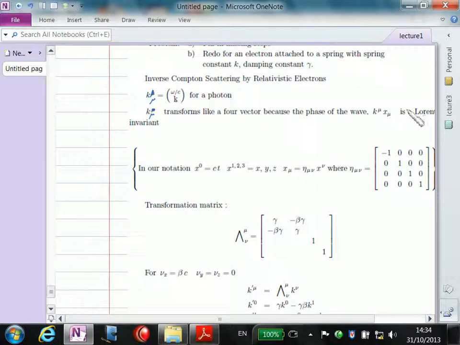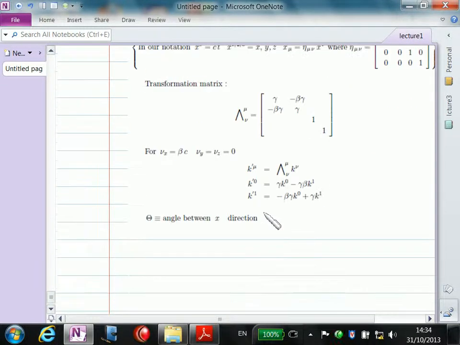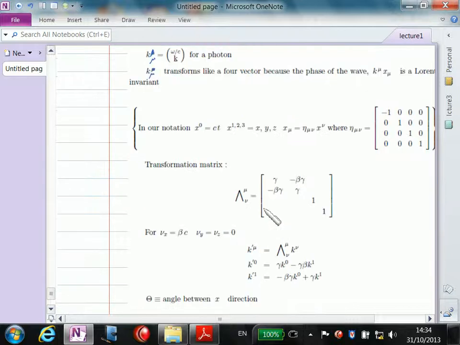Anyway, this is the transformation matrix for a Lorentz boost for any vector in special relativity. Basically, for example, x. K is a vector there. This was x, right? This is a vector. This is covariant. But it depends how you write.